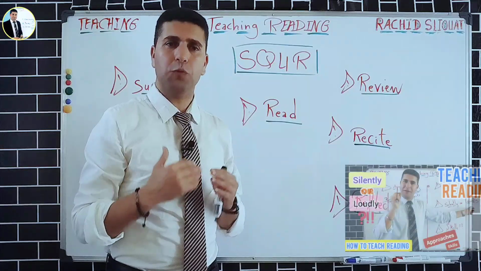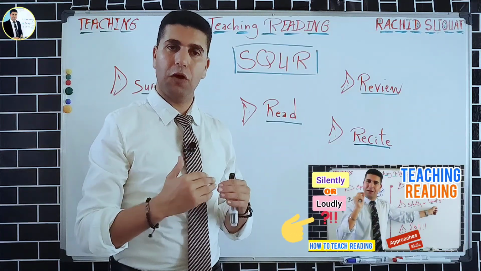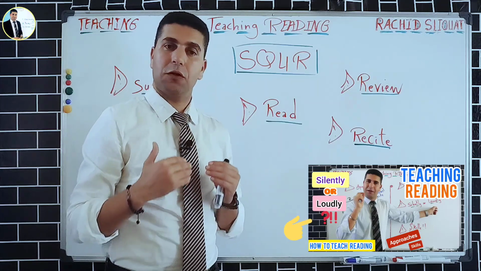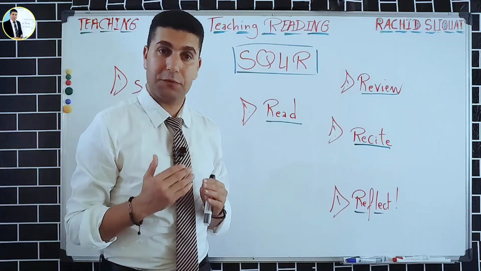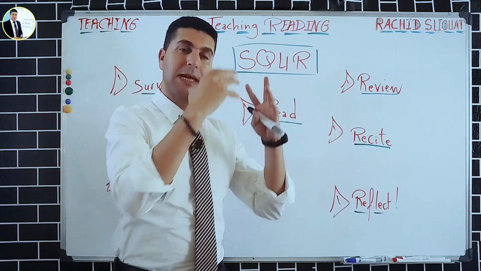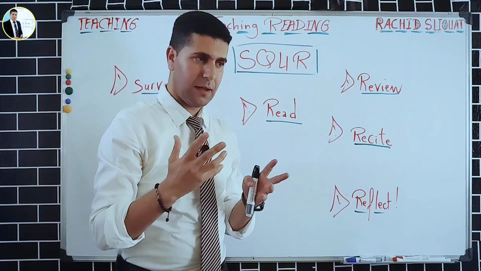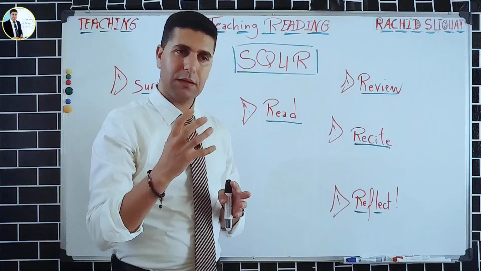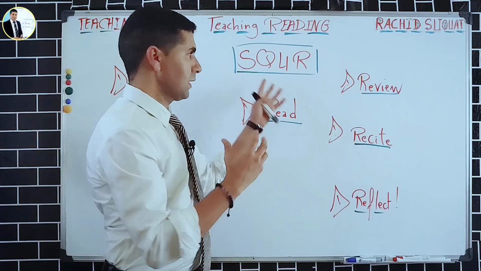Not only this, but also to be an autonomous reader, to read alone at home, not only to read, but to read, comprehend, and reflect about the text, or make connections. This is the purpose or the goal of using the SQ4R.